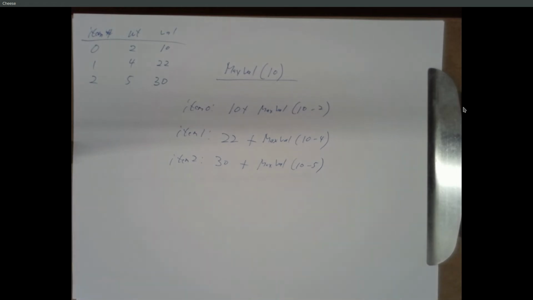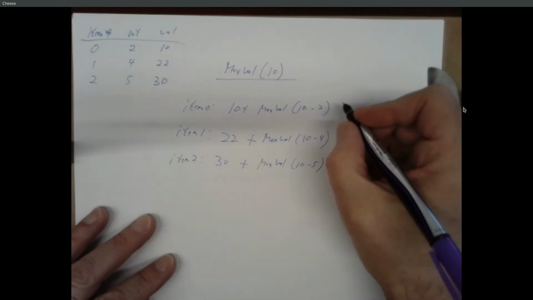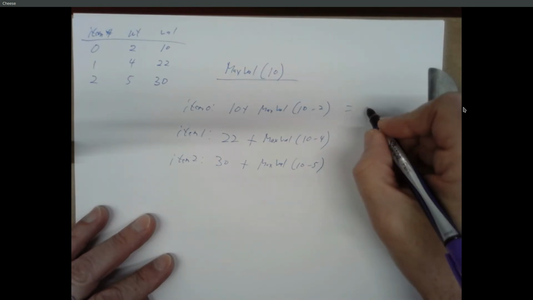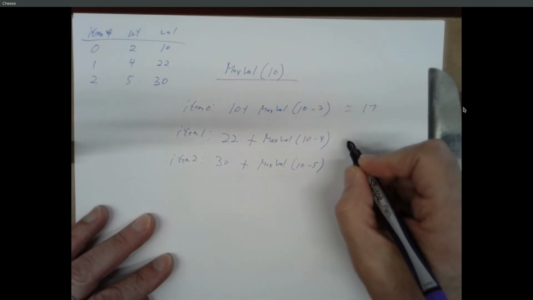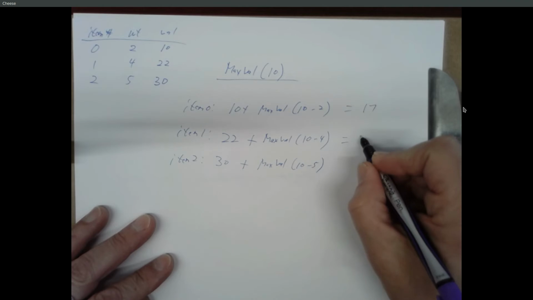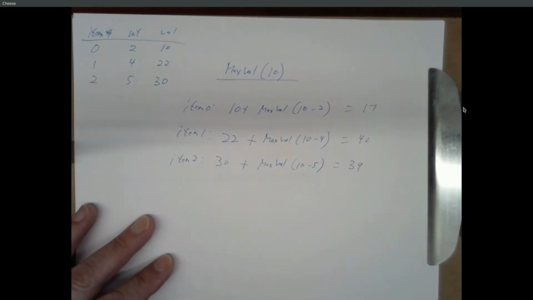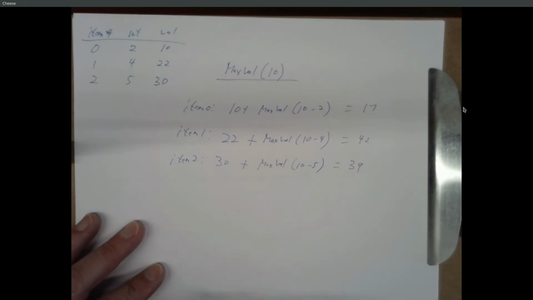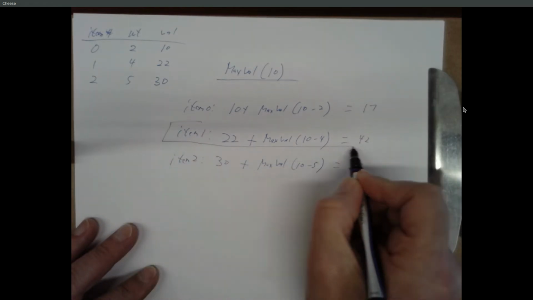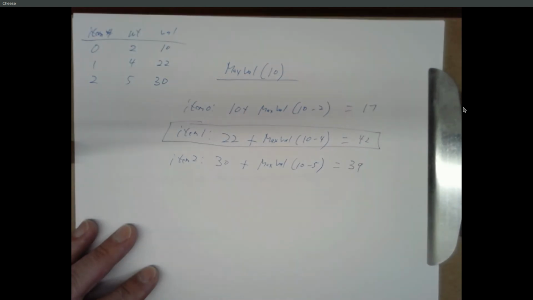Okay, totally fictitious numbers, right? Suppose that this turns out to be equal to 17, and this turns out to be 42, and this turns out to be 39. Okay, what do we know? We know that our final max value for a capacity of 10 is going to be 42.